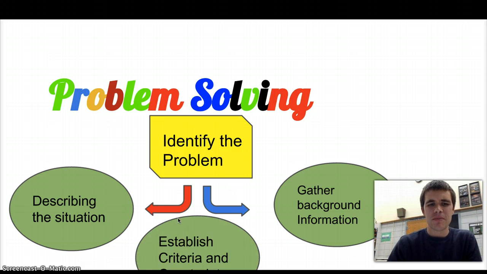And then establishing criteria and constraints, if you can't see constraints, because there are always regulations and rules that need to be followed.